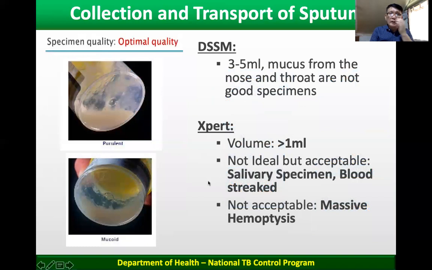Moving along, we have our collection and transport of specimen. When you say specimen quality, this is considered to be the optimal quality of our sample, which is purulent and mucoid. Now for DSSM, as already mentioned, at least 3 to 5 ml of a good sputum sample. Mucus from the nose and throat is not considered a good specimen, so we should not collect specimen coming from the nose and throat.